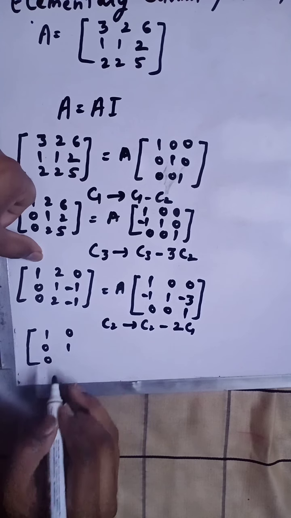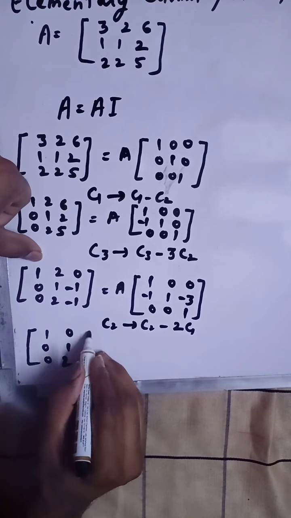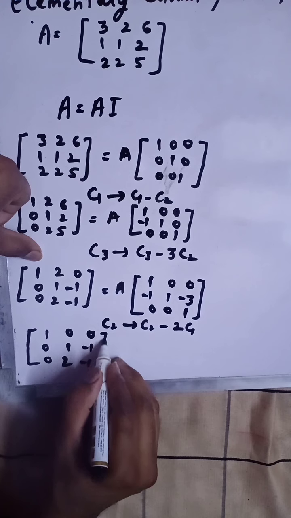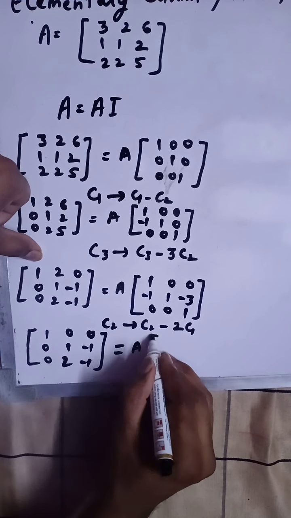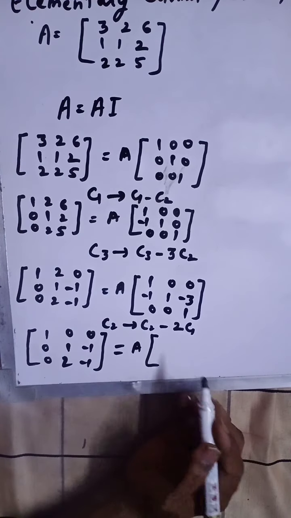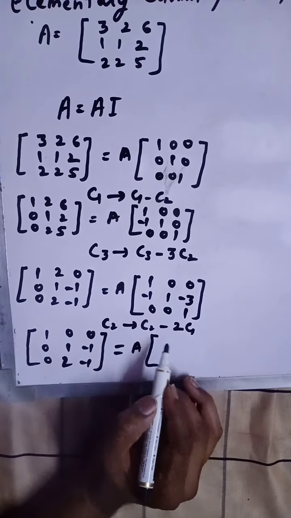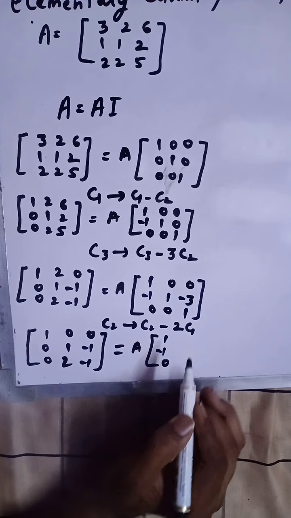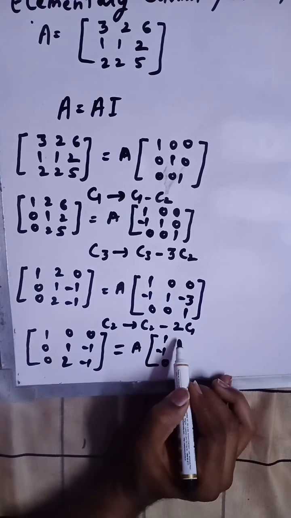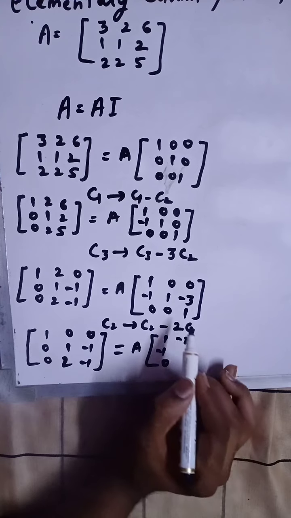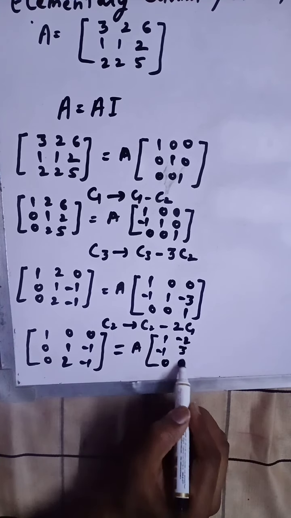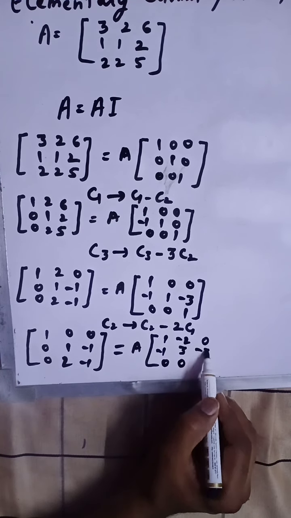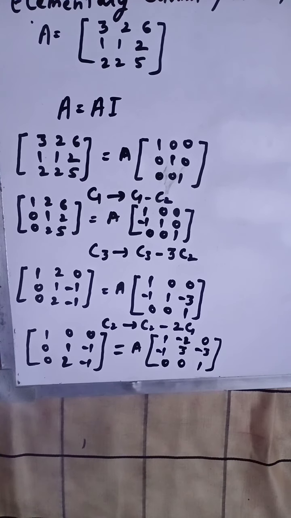This minus this would remain 1, it would remain 2. The other elements you have to copy. That is equals to A. Similarly here you have to write the same elements. C2 first will remain the same. C2 minus twice of this, that is minus 2. This minus twice of this would be 3. That would be 0. And the third will remain the same. Here it is. Got it?